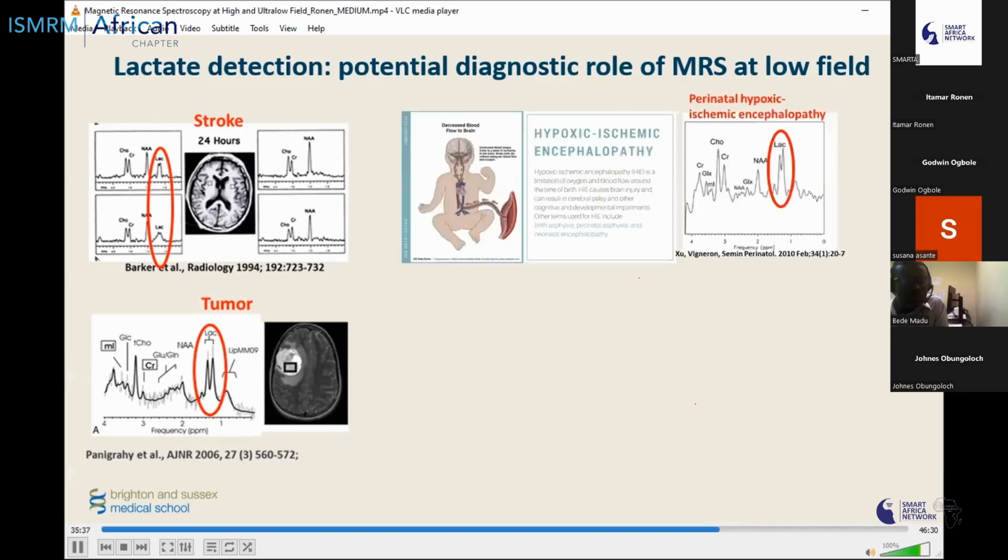To me, one of the most interesting and most critical ways of using spectroscopy in general, and potentially also at high field, is to look at what is called hypoxic ischemic encephalopathy in babies. These are babies that are essentially born without enough oxygen during the birth process. And that gives rise to an increase in lactate because of anaerobic metabolism.